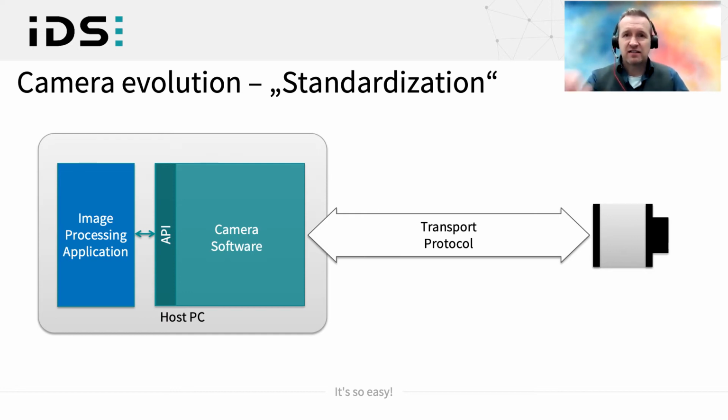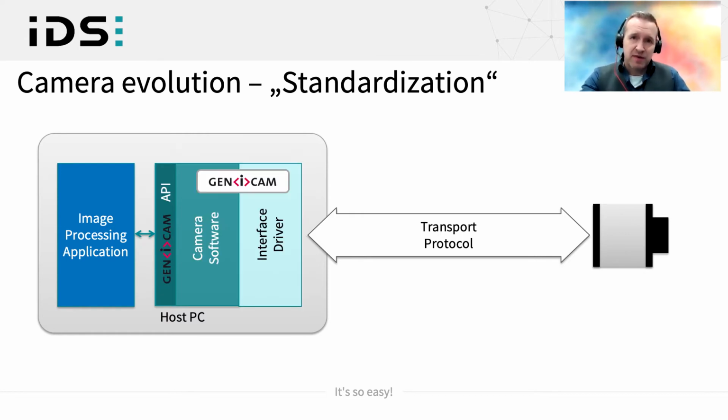Even in this standardized machine vision system, of course, the system architecture remains the same with the basic components we know already. However, with GenICam as a basis, standardization took place at several interfaces in this system structure.